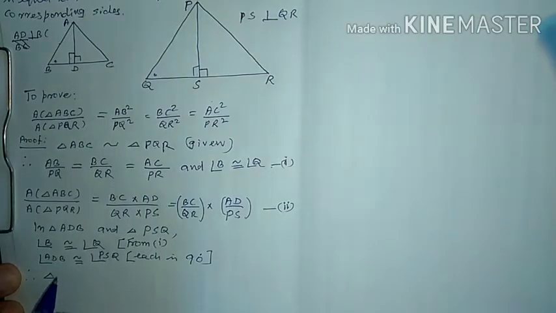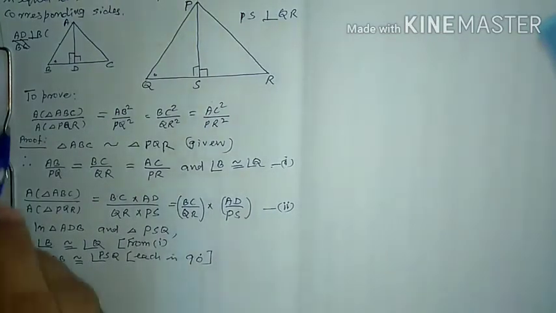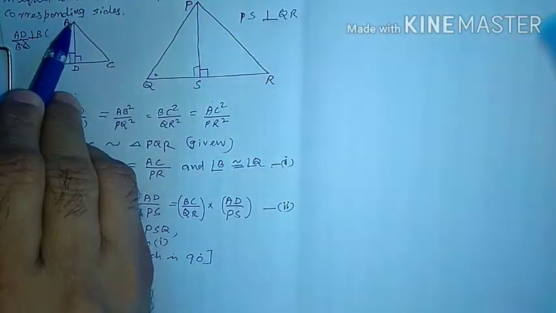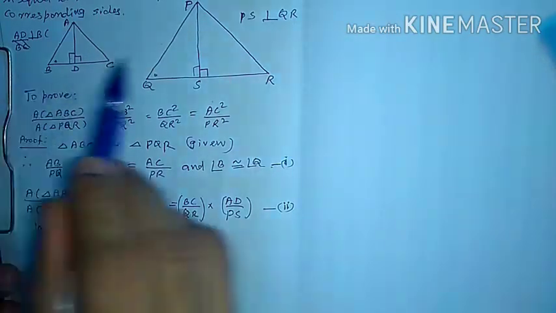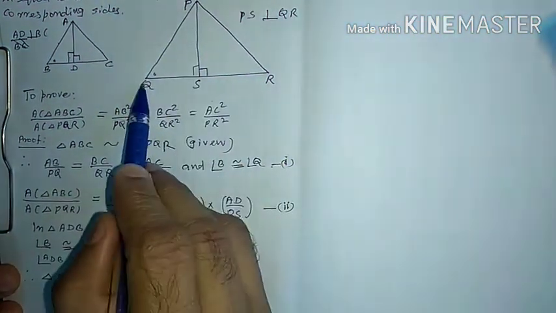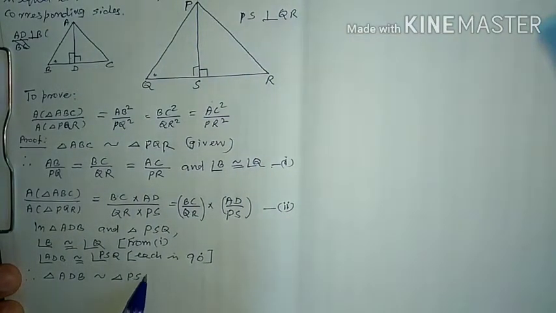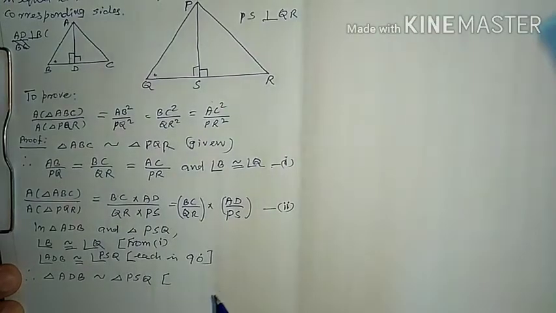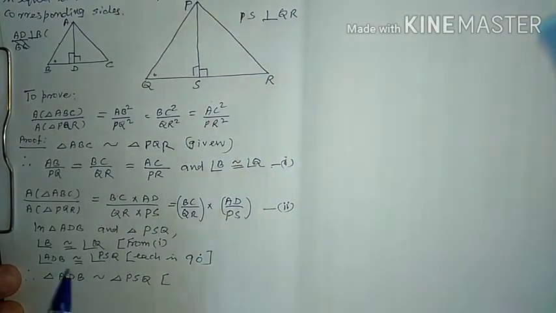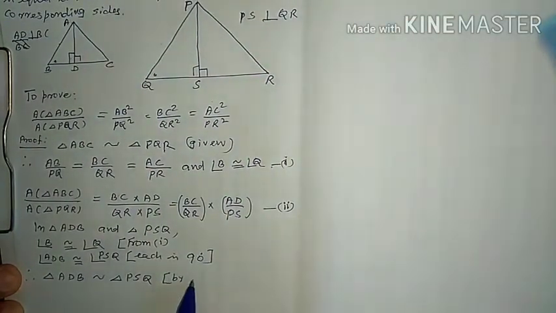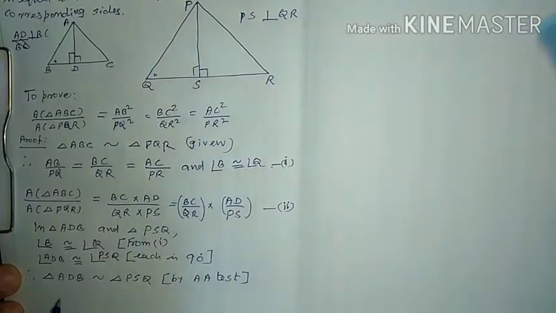Therefore, triangle ADB is similar to triangle PSQ, by the AA test.